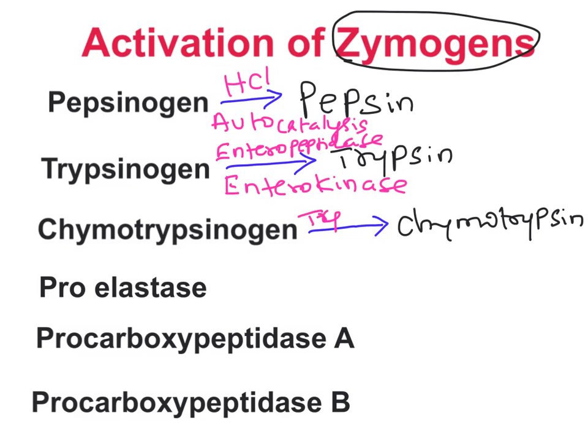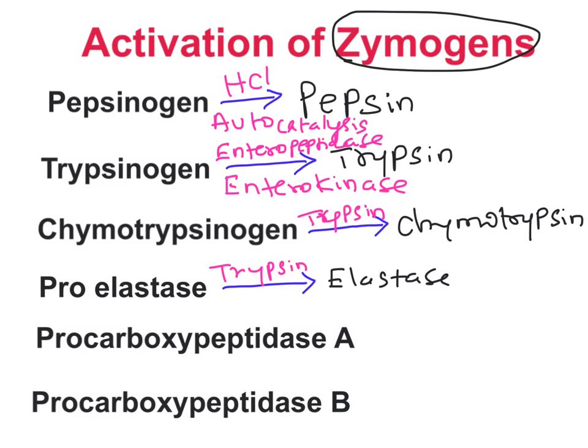Once trypsin is activated by enterokinase or enteropeptidase, that trypsin itself activates chymotrypsinogen into chymotrypsin. Now the fourth enzyme is proelastase. Proelastase is converted into its active form, elastase, and this job is done again by trypsin. So activation of proelastase into elastase is done by trypsin.